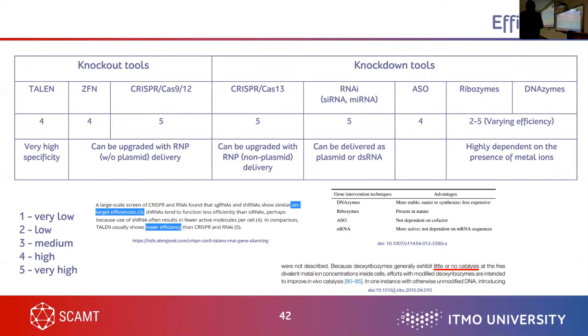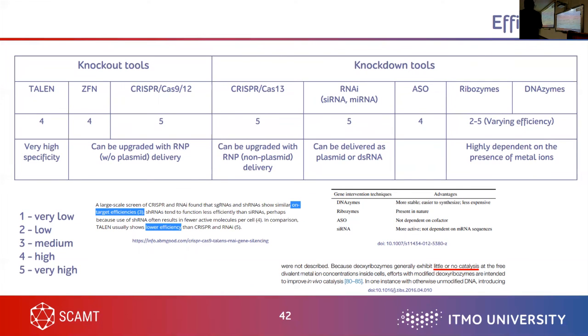But I think that if ZFN and TALEN have a similar structure and similar mechanism of use, it may be that they have similar efficiency. So I decided to mark ZFN and TALEN as 4.